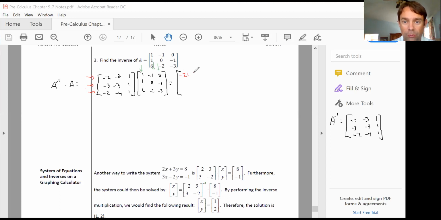I'm going to multiply -2 by this first row by the first column. So let me get it set up here. There's column 1. Here's column 2. And here's column 3.